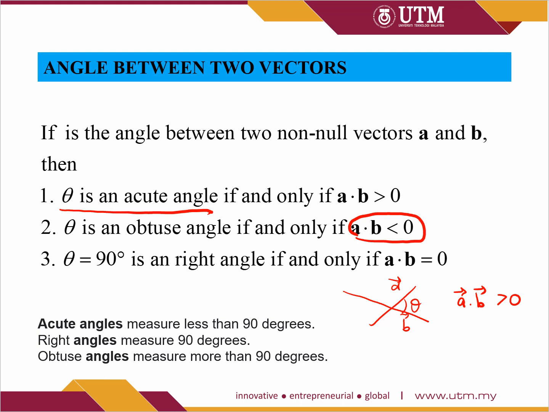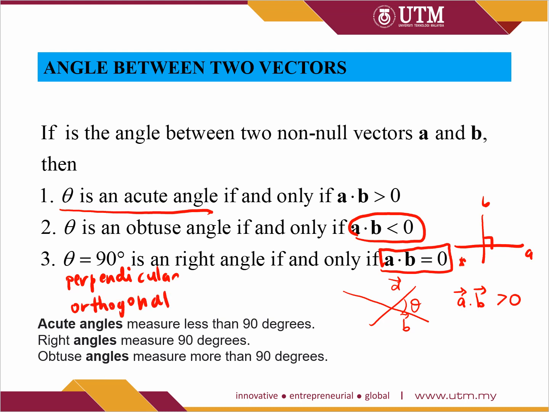And if A dot B equals 0, you have to remember this: theta equals 90 degrees. So A and B will be like this. If it is said that the vectors are perpendicular, it can also be written as orthogonal. Perpendicular or orthogonal means that theta equals 90 degrees.